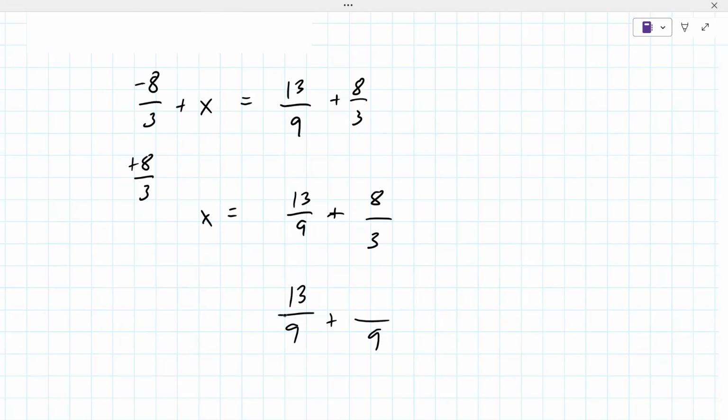Maybe a common denominator with the fraction. So 8 over 9 and 9 equals 8 times 3, 24.